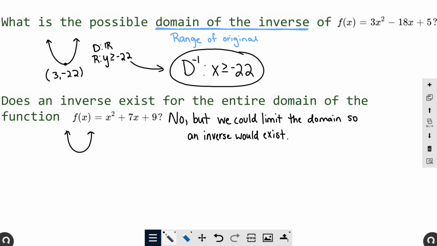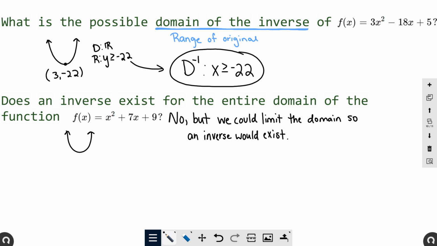Now let's talk about how we could do that. So we said that an inverse doesn't exist because it doesn't pass our horizontal line test. Because if a parabola opens up, a horizontal line would hit it twice. Now the inverse of a parabola is a parabola on its side, right? And so on its side, it doesn't pass the vertical line test.